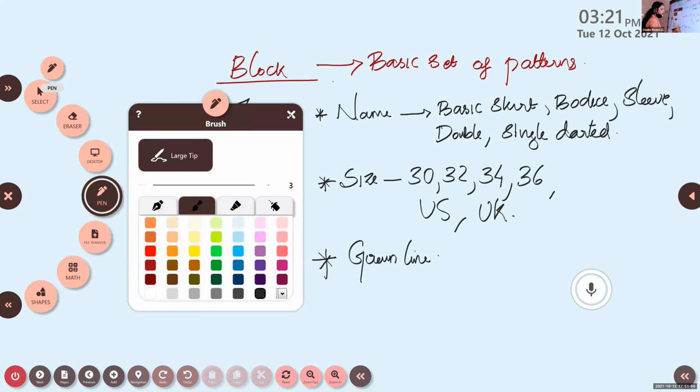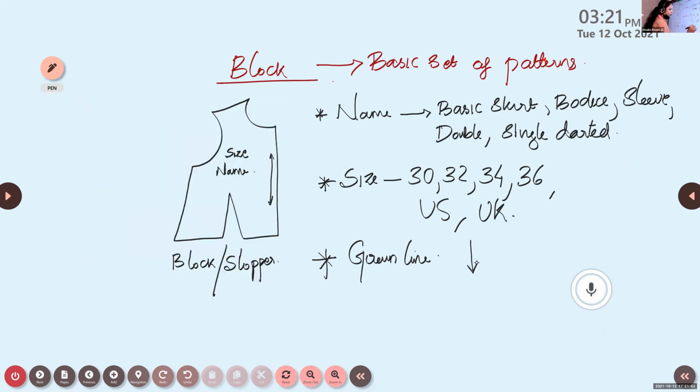There is a part on symbols and abbreviations in your textbook. So please refer to that and go through all the symbols and abbreviations, because questions can come from that part. So the symbol for grain line is this one.